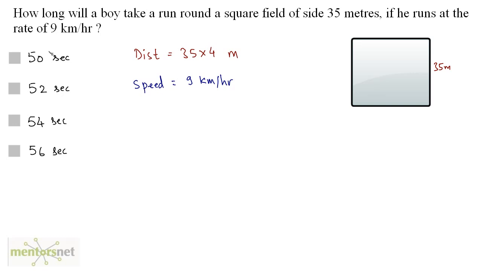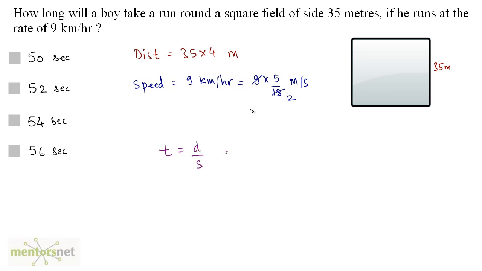Well, the time is given in seconds in the options. So why don't we convert this speed, which is given in kilometers per hour, into meters per second? And we have the distance also, which is in meters. So 9 kilometers per hour is equal to 9 times 5 by 18 meters per second, and that's 5 by 2 meters per second. So we have time is equal to distance upon speed.